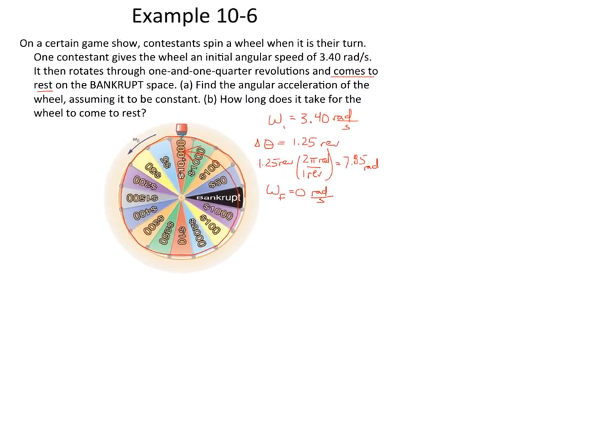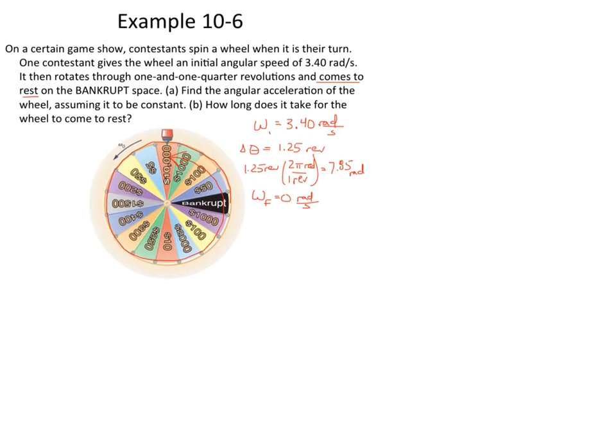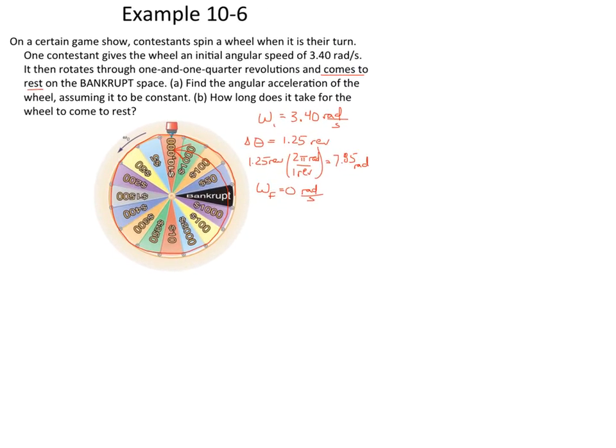Our alpha, the angular acceleration, is what we want to solve for. We have initial angular velocity, angular displacement, and final angular velocity, so we should be able to solve for it.